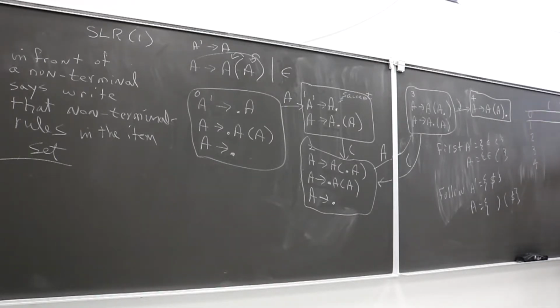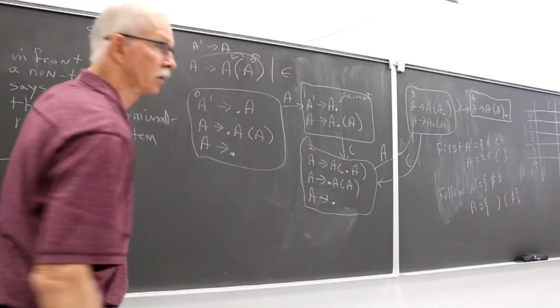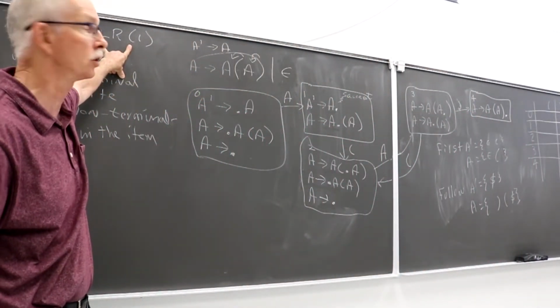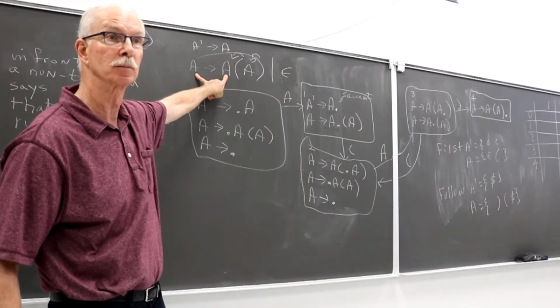In some respects, of course, it looks like the top-down table, but the top-down table is built differently than the bottom-up table. And also you should react: we're doing bottom-up, we're doing SLR1 parsing. I never worried about the left recursion.